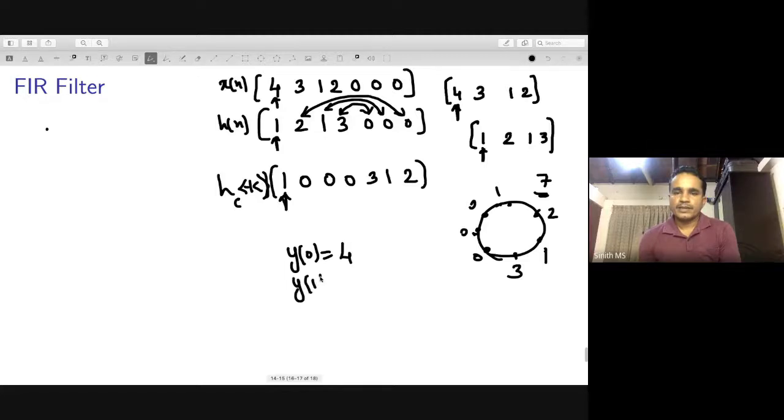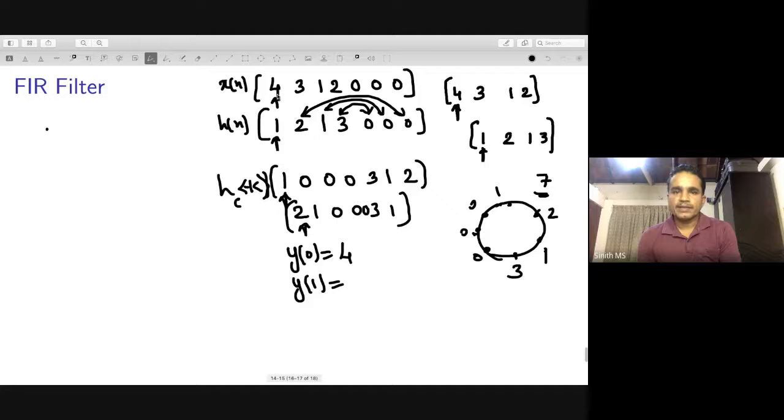For y of 1, you do a circular shift. So this 2 will come to this side. So 2 1 0 0 0 3 1.